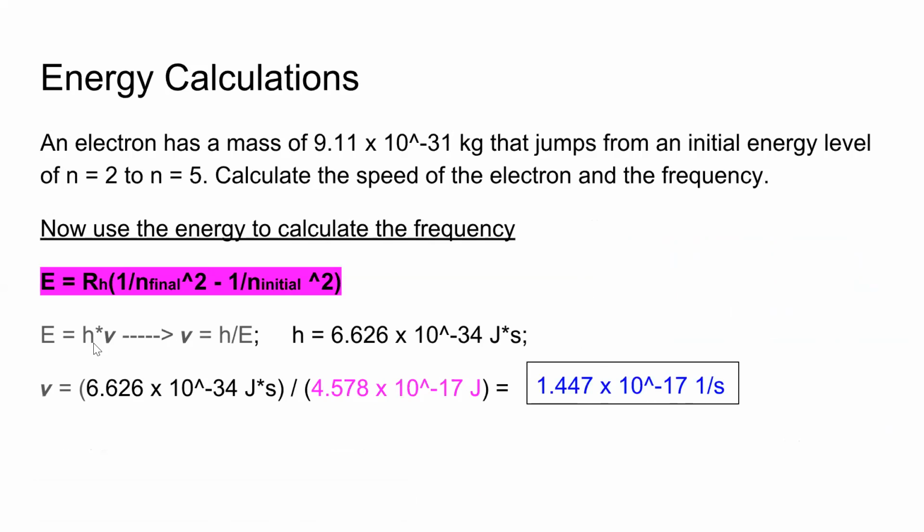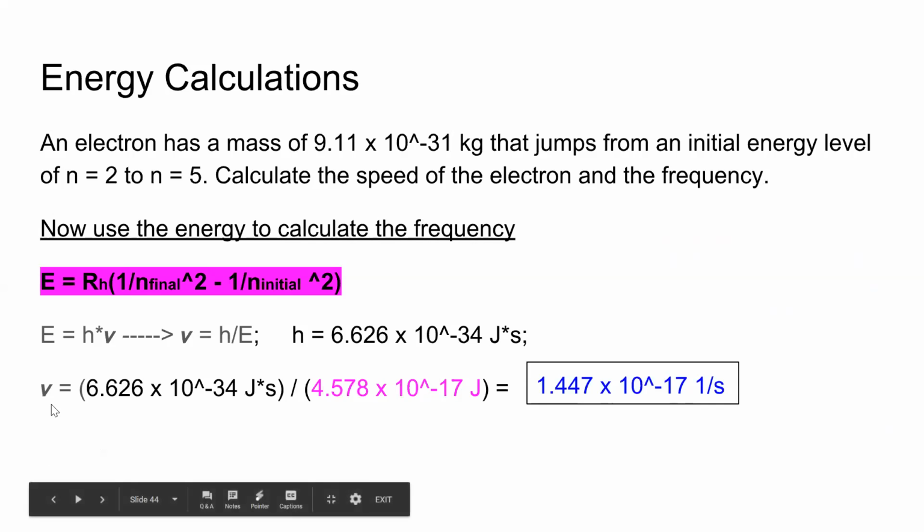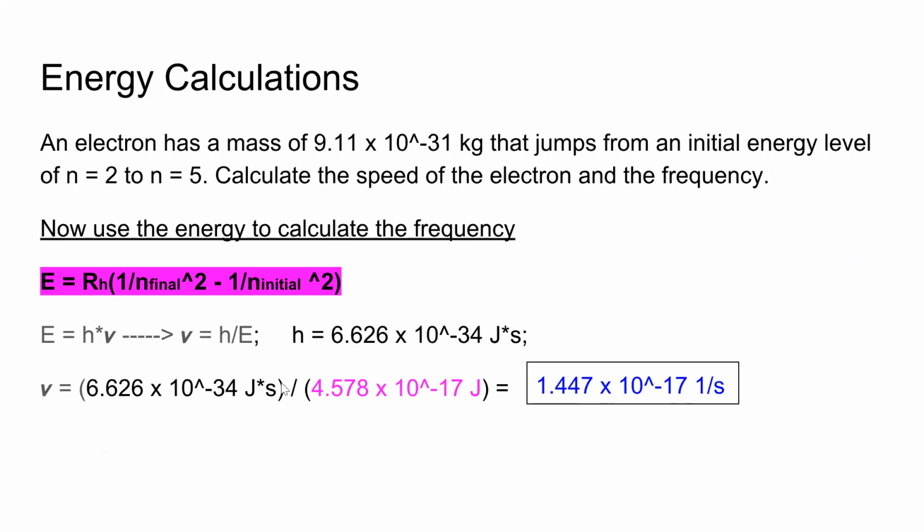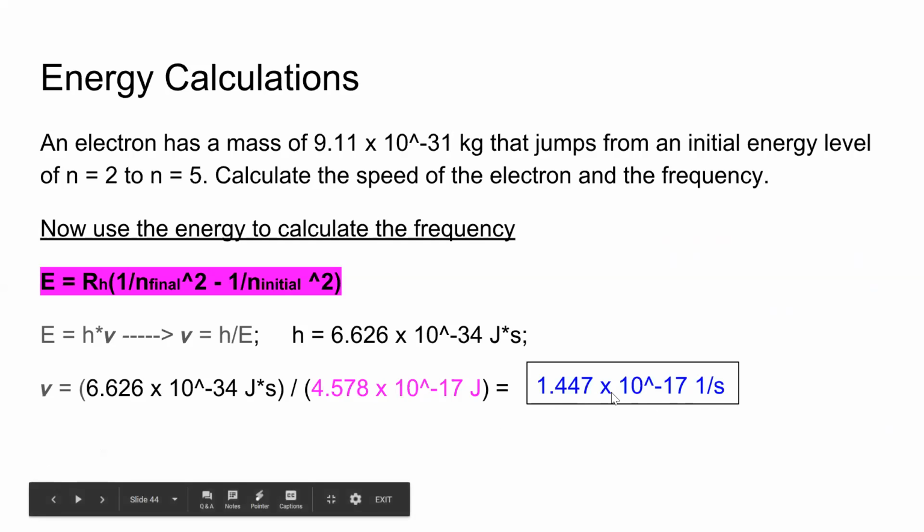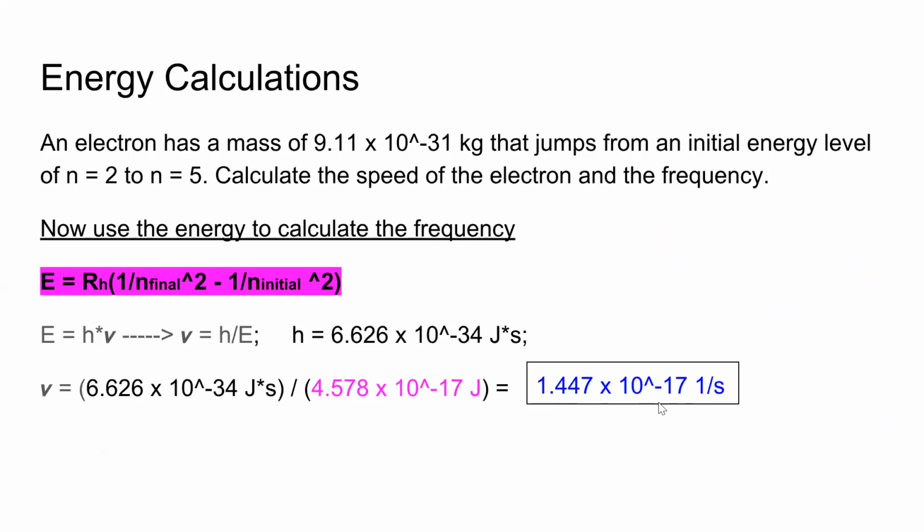That v is the italicized v. So we know that h is a constant, and the italicized v is equal to the energy divided by Planck's constant, and this is where we get this value, which is 1.447 times 10 to the negative 17, 1 over seconds.